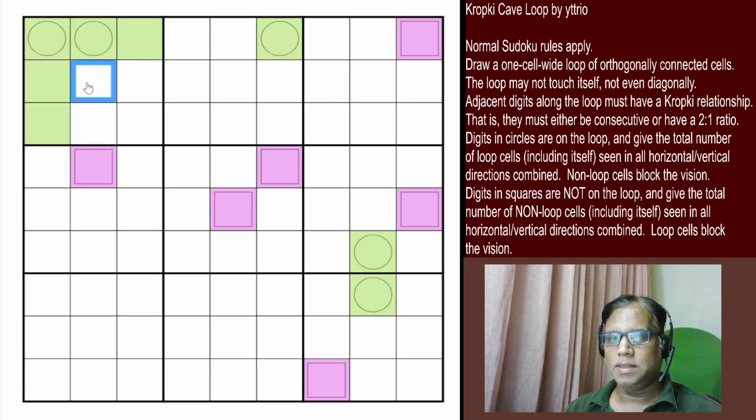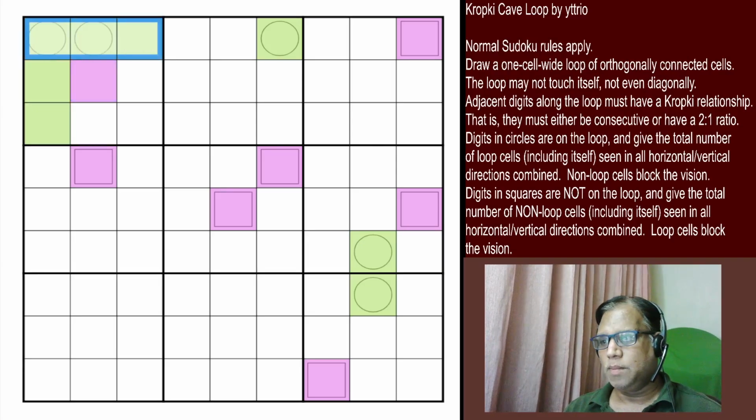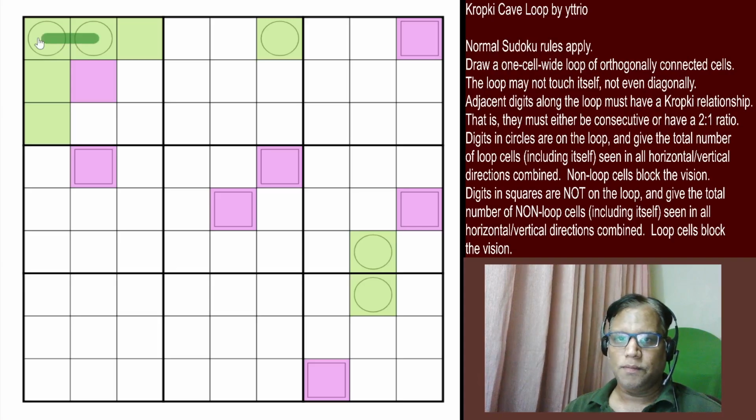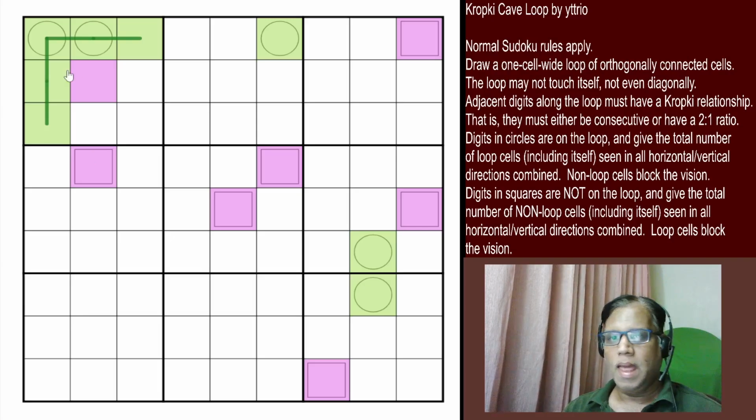The only way for the loop to go is like this, and now it cannot go to this cell, because then it's touching itself. So the only way is to expand here, and the only way for this is to expand here. So this has to be like this, and this cell should not be on the loop. So that's clear.